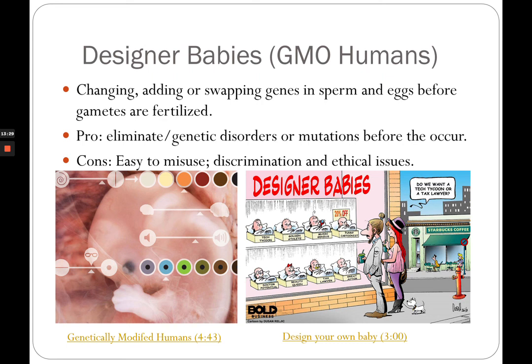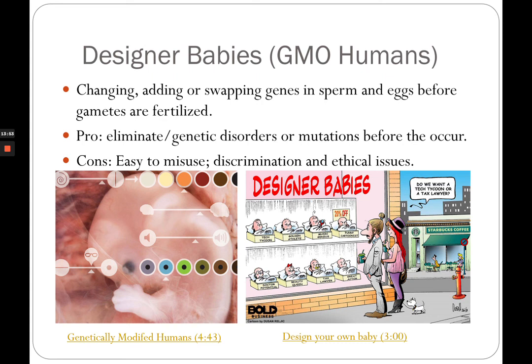That's scary sometimes. Now there is potential for good. The pro is, if we have the ability to swap genes in and out, make changes, we can eliminate a lot of genetic disorders before they even become a problem. We can fix mutations as well before they become a problem.